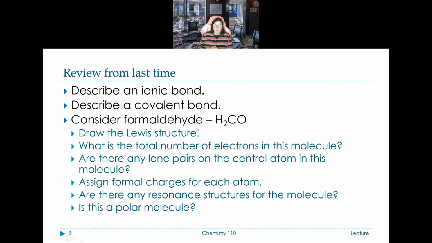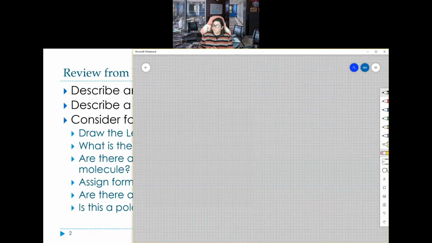So consider formaldehyde, H2CO. Draw the Lewis structure. Carbon's going to be in the center for this one. You know that hydrogen gives me one electron.